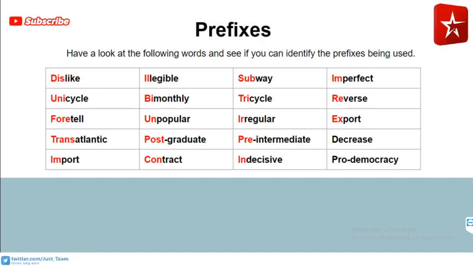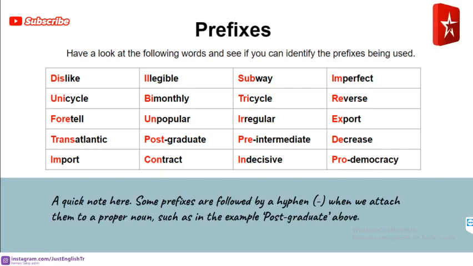I'm going to just stop a minute, having a quick look at your chats, and you're all doing remarkably well. Hello, Edger, how are you? Thank you for your participation. And then we have decrease, and the prefix there is actually de, as in decrease. And then finally we have pro-democracy, and pro is our prefix there.